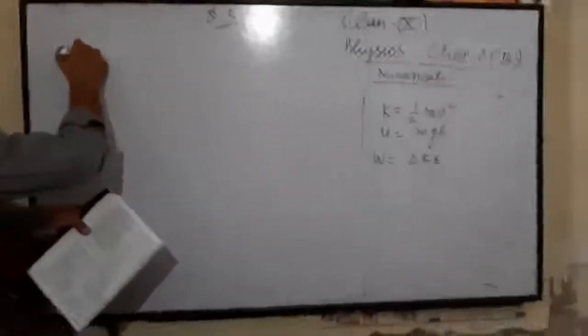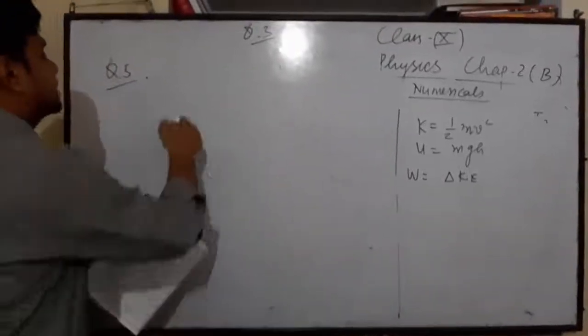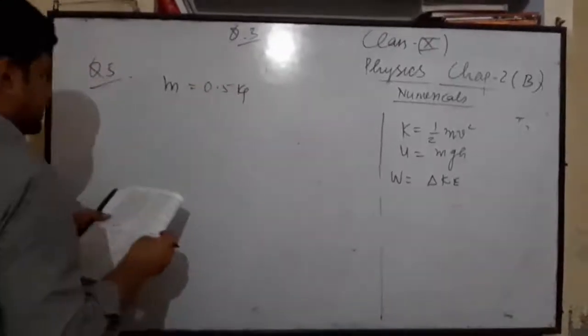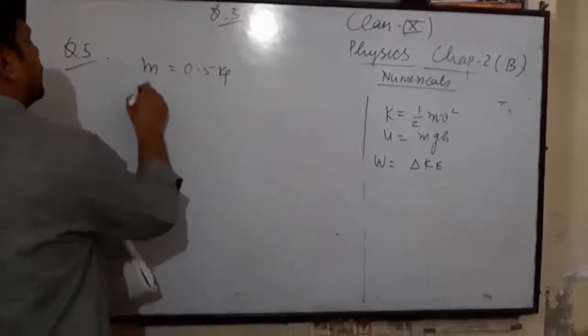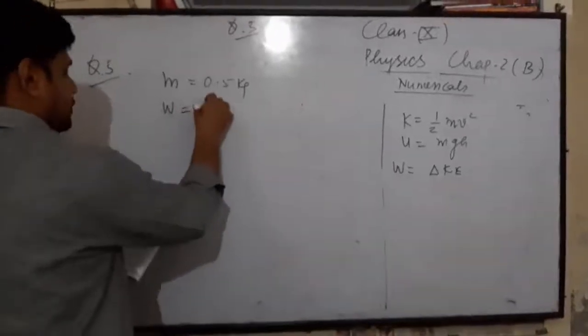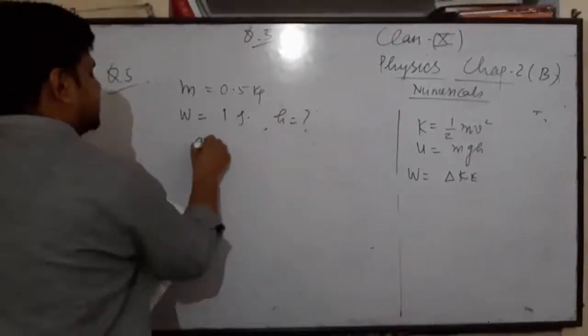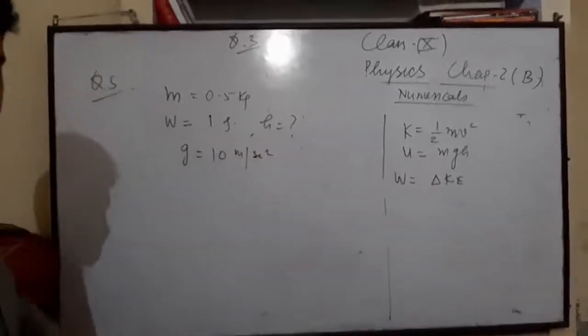Now question number 5. Calculate the height through which a body of mass 0.5 kg is lifted if the energy spent, or work done, is 1 joule. We have to find the height, and g is 10 meter per second square.